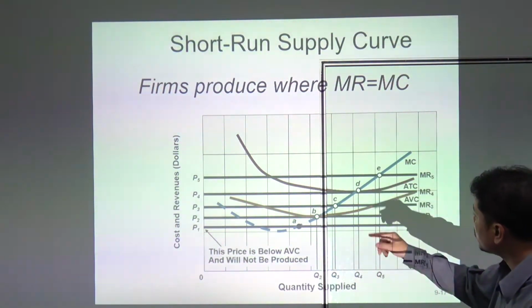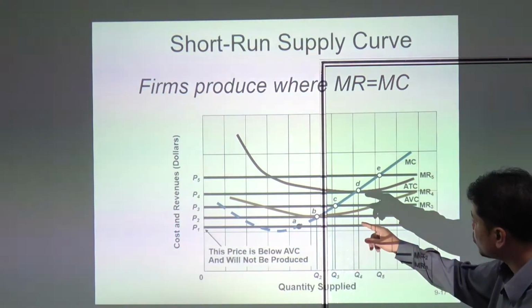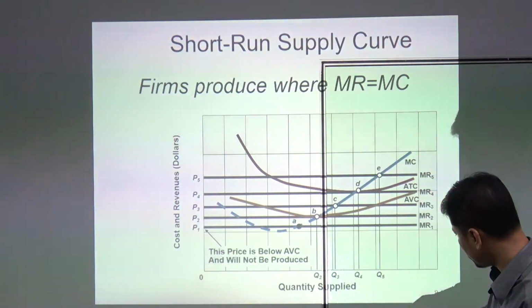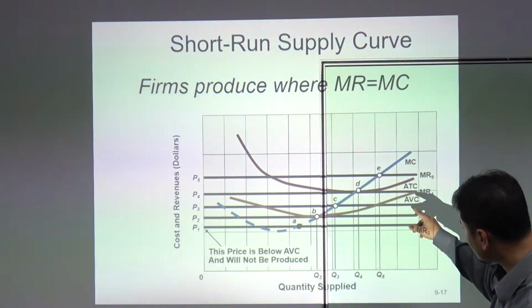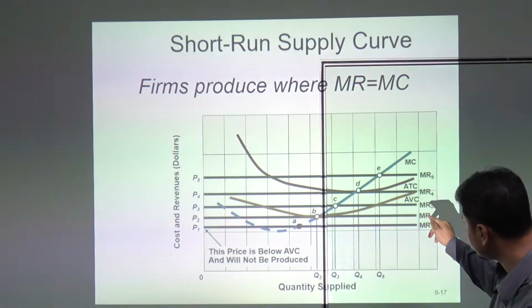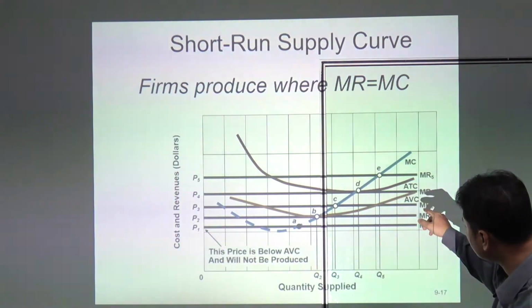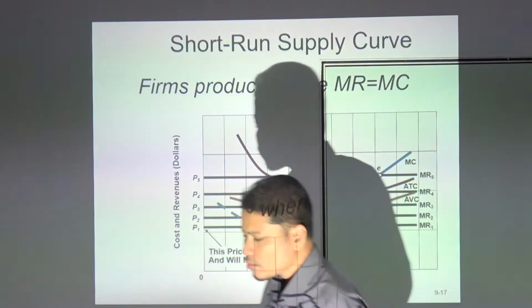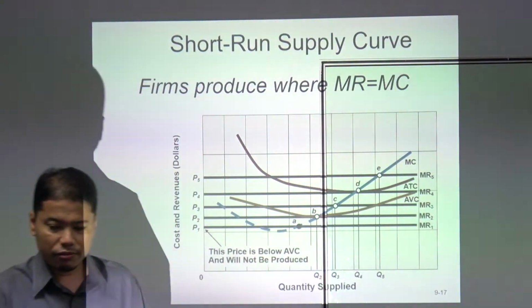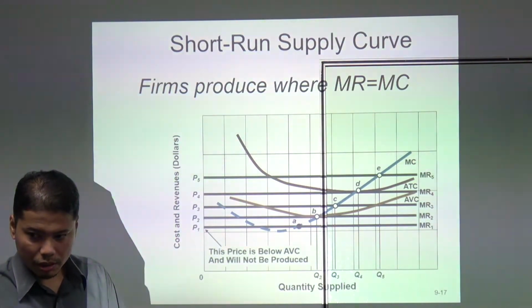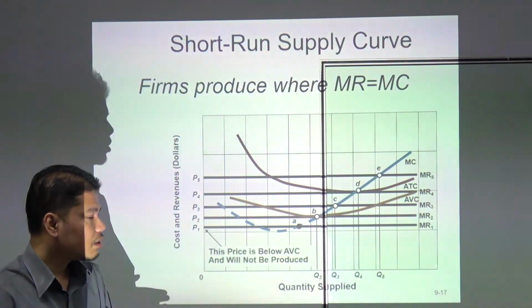And then P2. If the price in the market is P2, then MR2 equals marginal cost at point B and the output is Q2. If you trace up, then P2 will be below ATC. Firms are making losses. But should the firm produce? P2 is just equal to the minimum point of average variable cost. So this indicates that the price that the firm receives is just enough to cover variable cost, not even able to cover the fixed cost.